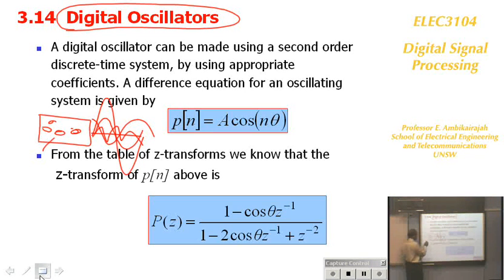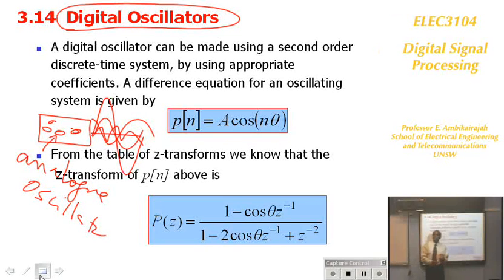These are all analog oscillators designed using operational amplifiers, capacitors, inductors, and resistors combined, or only RC or LC or LR. Okay, you can have all these oscillators.